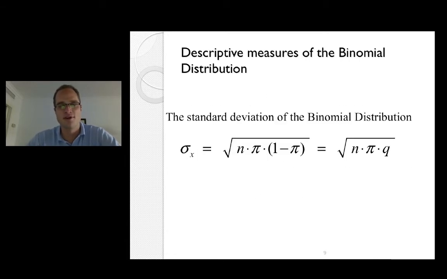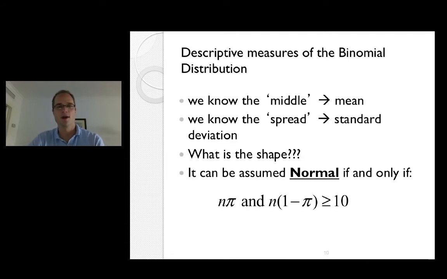So we have our measure of central tendency, the mean, the expected value. We have the standard deviation, which is our chosen measure of variation. And now what about the shape? Lo and behold, the shape of this binomial distribution can be approximated as normal if and only if the following two conditions hold. n times pi, which is the expected number of successes, has to be 10 or more.